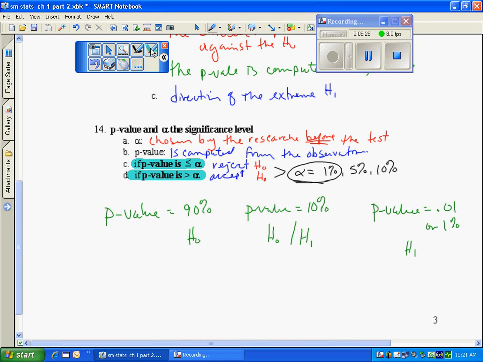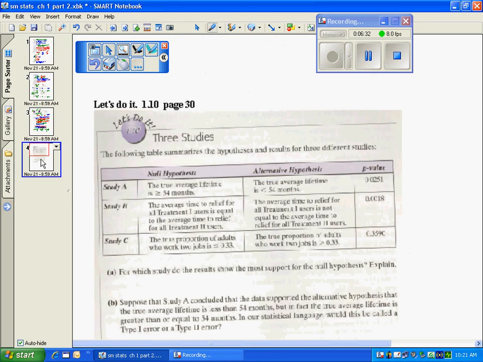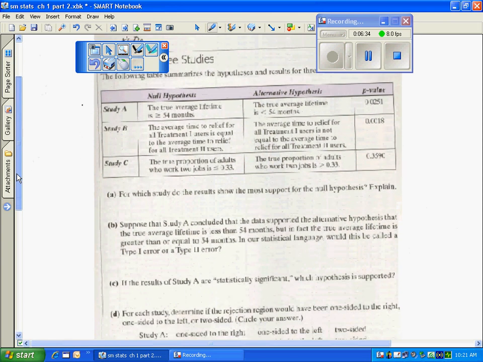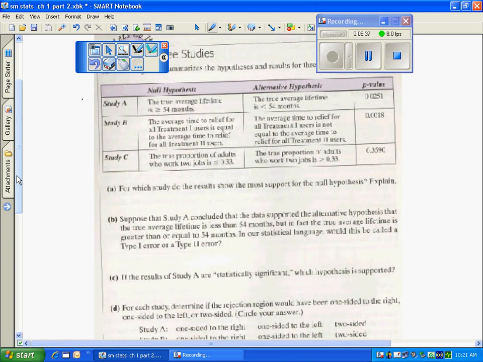Let's go ahead and try one of these. There are 3 studies, study A, B, and C. The first question: in which study do the results show the most support for the null? In other words, my evidence is going to happen a great amount of the time.